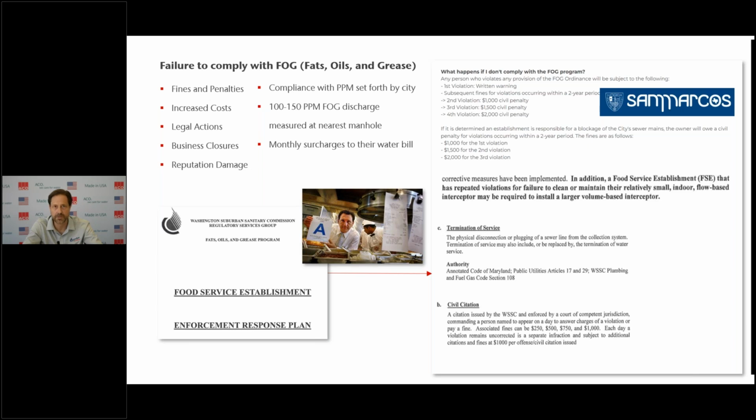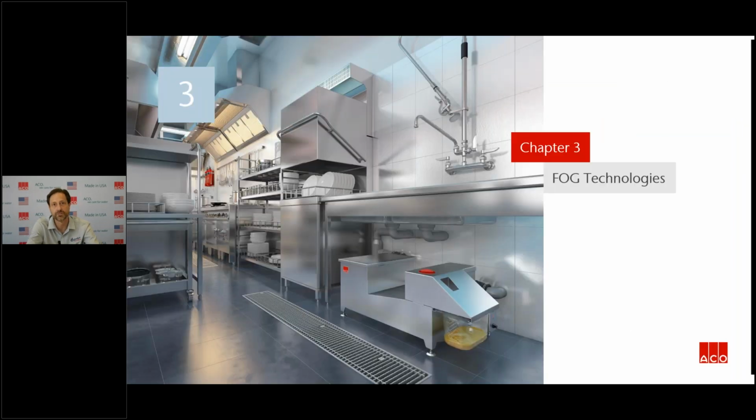But typically there's going to be fines, different violations until you are within compliance. And this is really a way for cities to also accrue the actual cost of dealing with FOG if it's not being dealt with at the actual source. So something to keep in mind is that there usually is a cost associated with not being in compliance with regards to FOG.